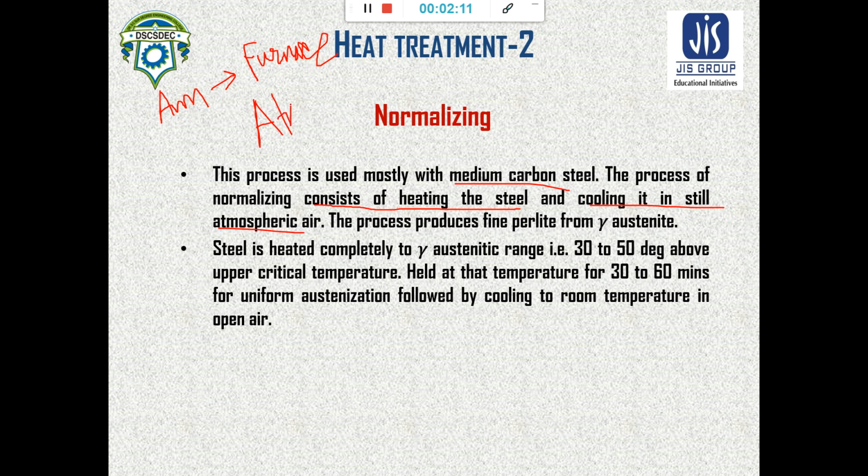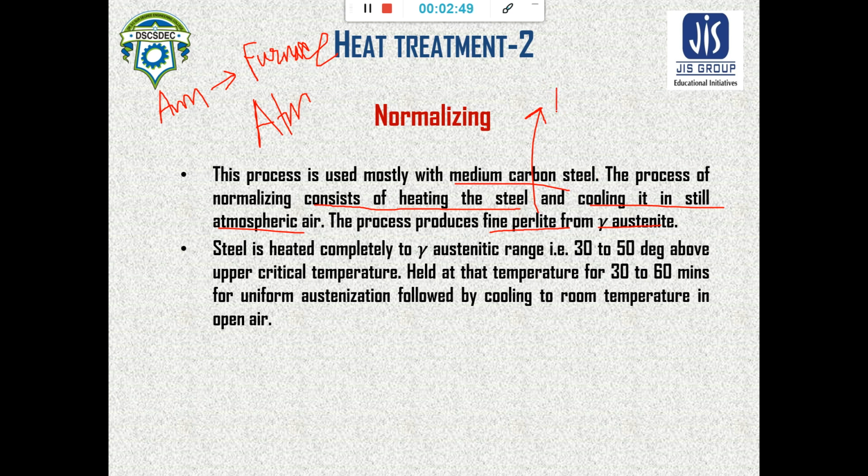In the normalizing process, what may be formed? Fine perlite can be formed from gamma austenite. Remember from the iron carbon diagram, what do you mean by perlite? Perlite is a eutectoid reaction mixture of gamma austenite, and this reaction mixture consists of cementite and alpha ferrite.